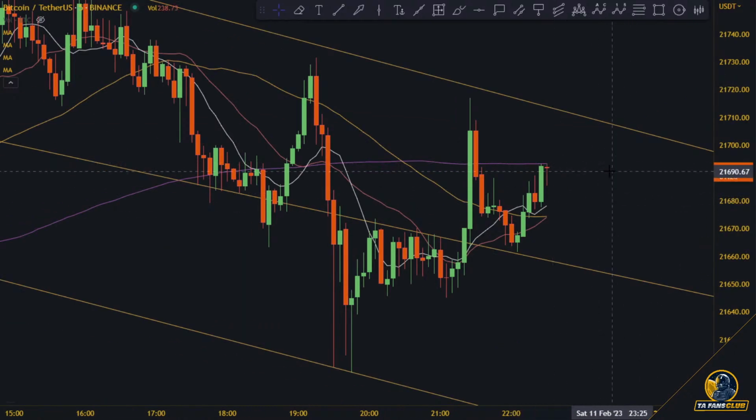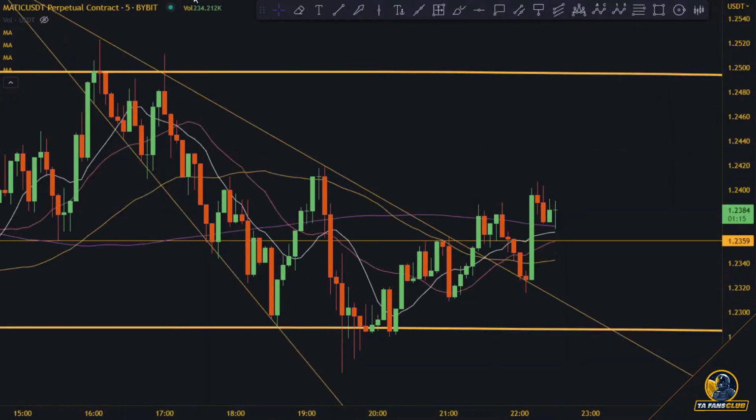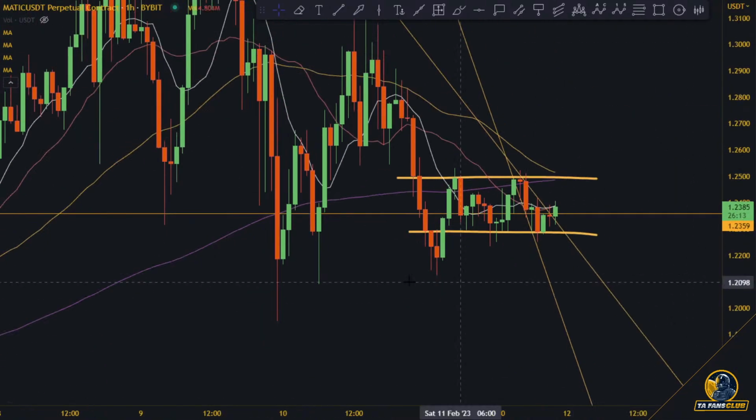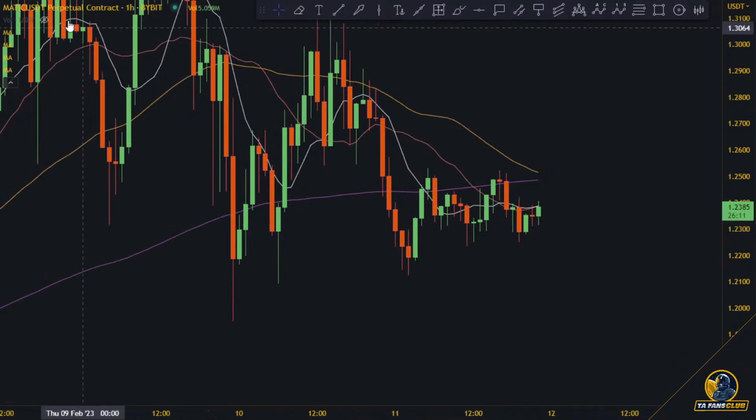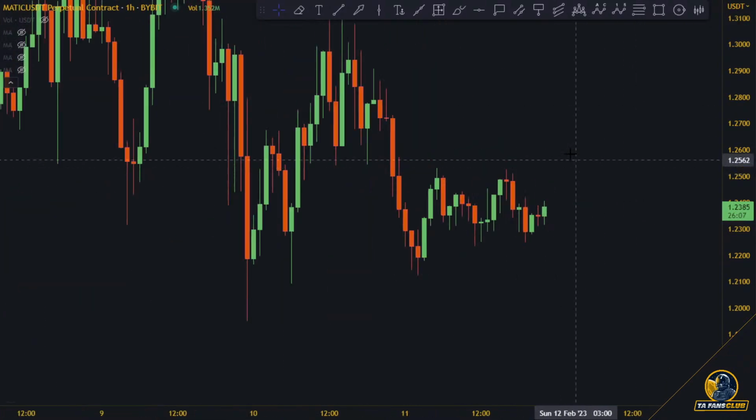Bitcoin coming to the 200 moving average on the 5 minute time frame, maybe some kind of doji and the move down, and everything resets a little bit. Matic 1 hourly. Triangle. Where do you see a triangle up here?